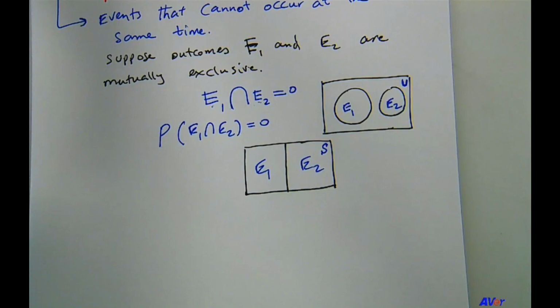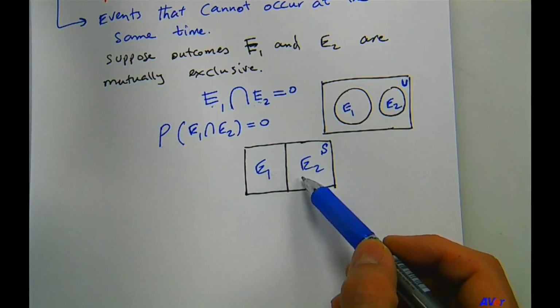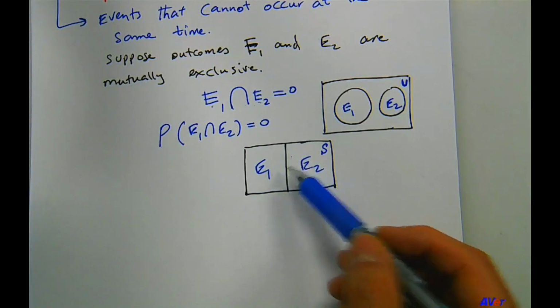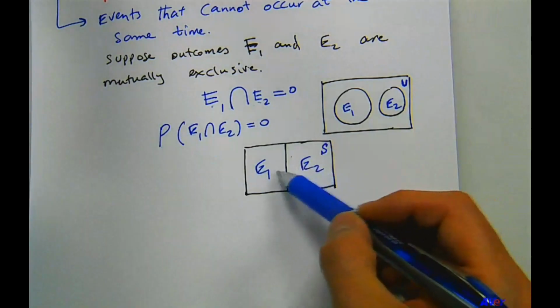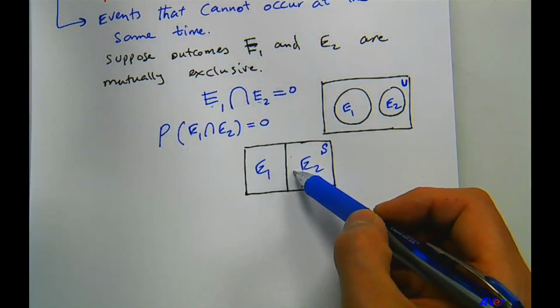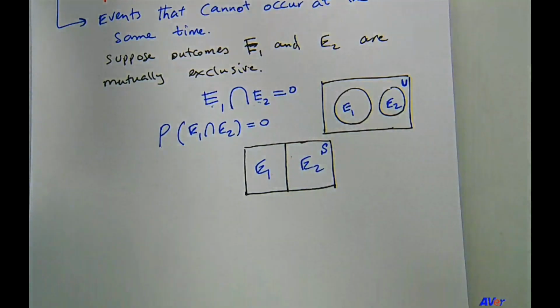They cannot happen at the same time. If you're in this sample space, you're either here or there. The boundary line is just a visual help for us to know that these two sets are disjoint sets or mutually exclusive sets.